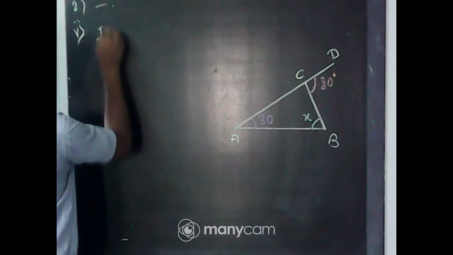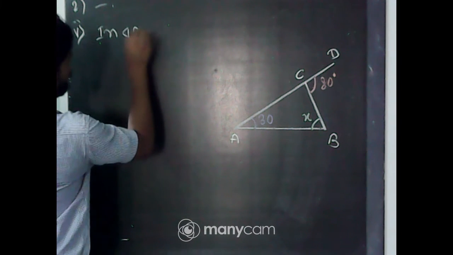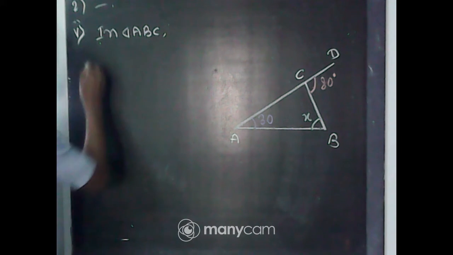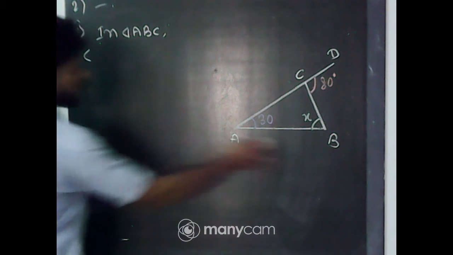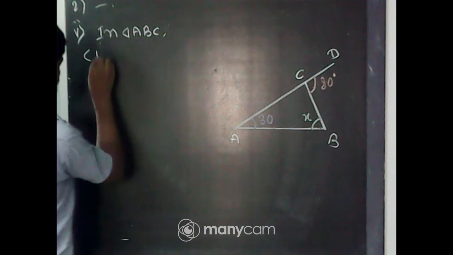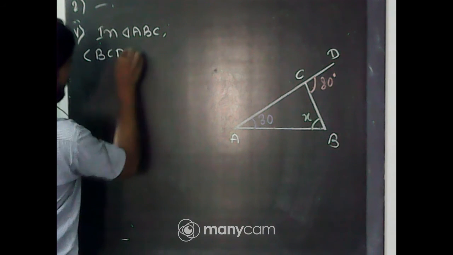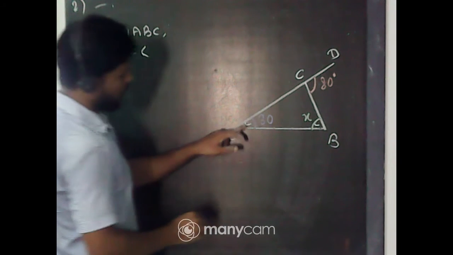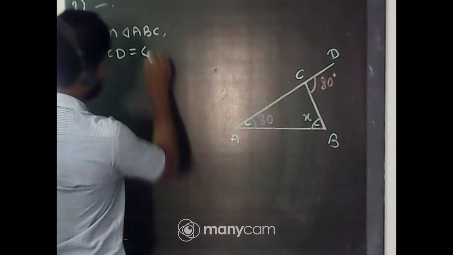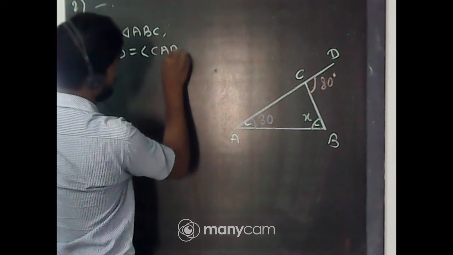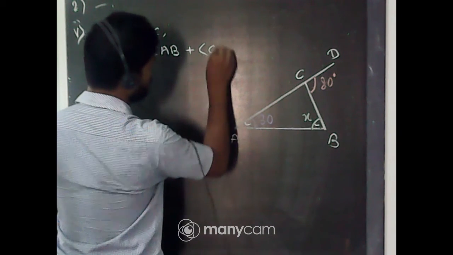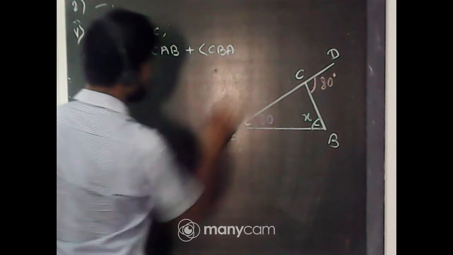So in the triangle ABC, apply the exterior angle property. The exterior angle BCD will be equal to this angle plus this angle. The name of this angle is CAB plus angle CBA.